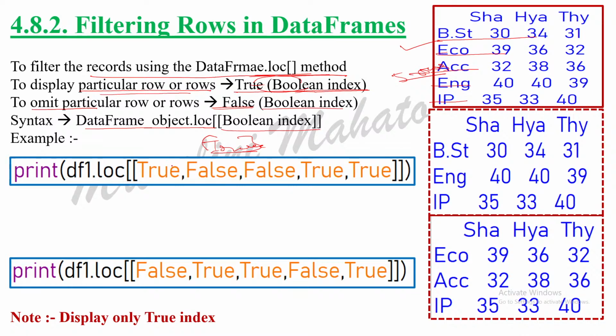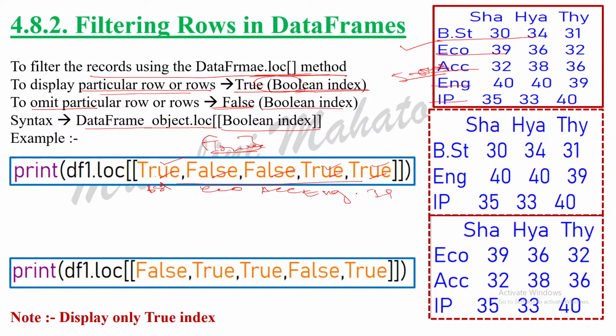So look here: first, second, third, fourth, fifth. For the fifth, you can write any random True or False. This is for row labels only, not for column labels. So what will display here? The True part only. The first is BST, then economics, then accountancy, then English, and this one is for IP.